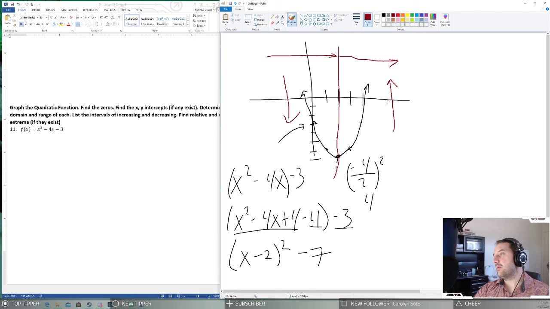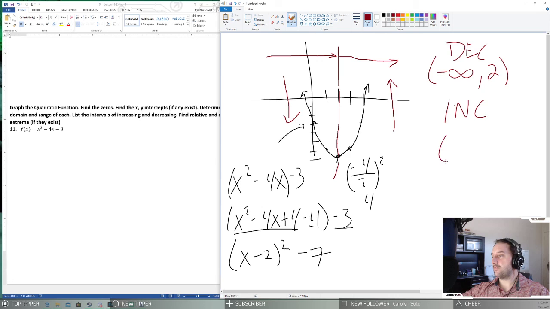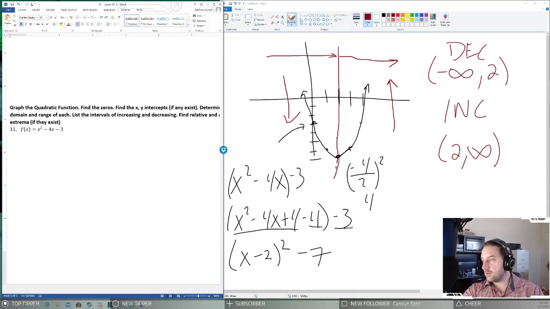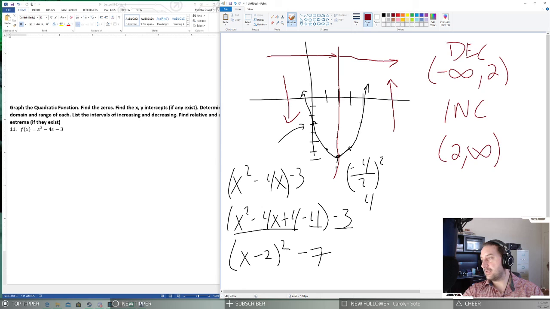So my intervals of decreasing would be from negative infinity until we get to 2. And then increase would be from 2 to infinity. And then the relative and absolute extrema. So it has both a relative and absolute extrema at negative 7.